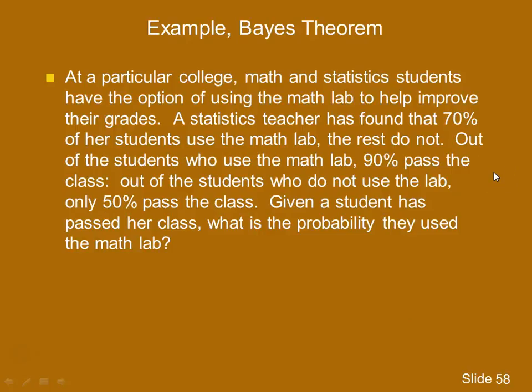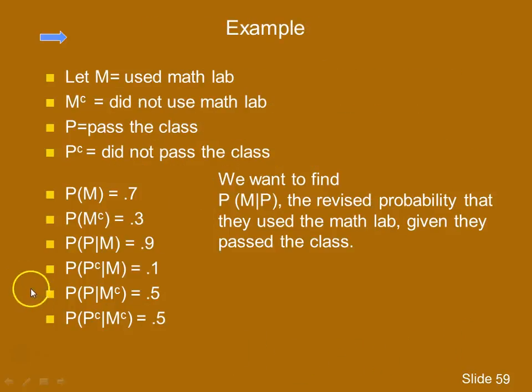Out of the students who use the math lab, 90% pass the class. You should recognize that as a conditional probability. It's equivalent to saying if they use the math lab, the chance of passing is 0.9 or 90%. So that we have right here. If they use the math lab, the probability of passing is 0.9, and we can write its complement down. If they use the math lab, the chance that they don't pass is only 0.1.